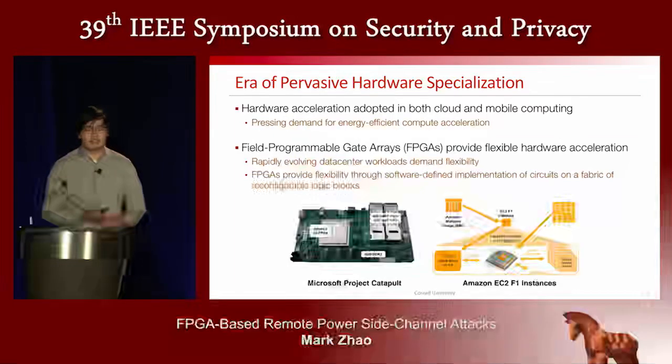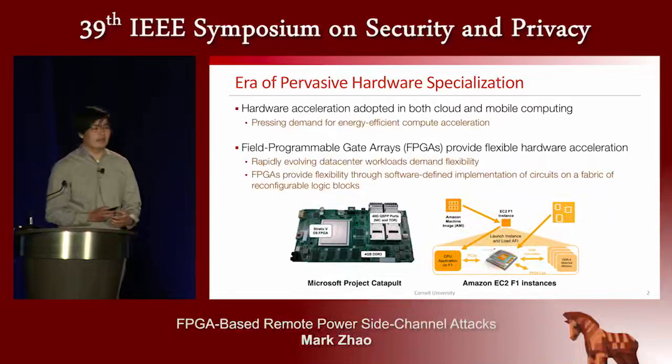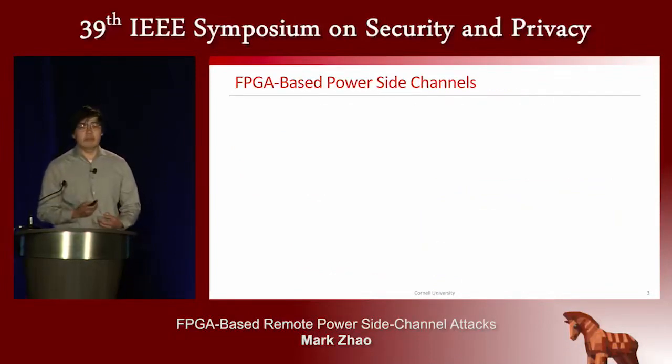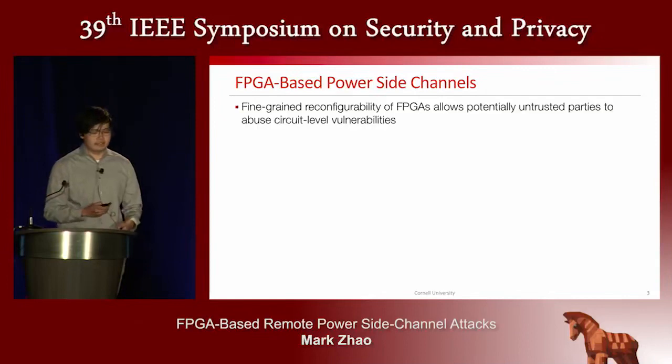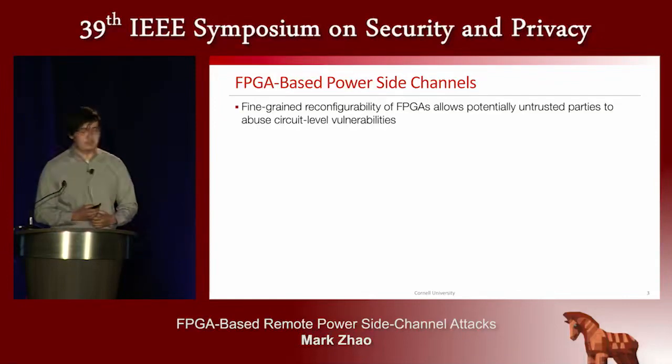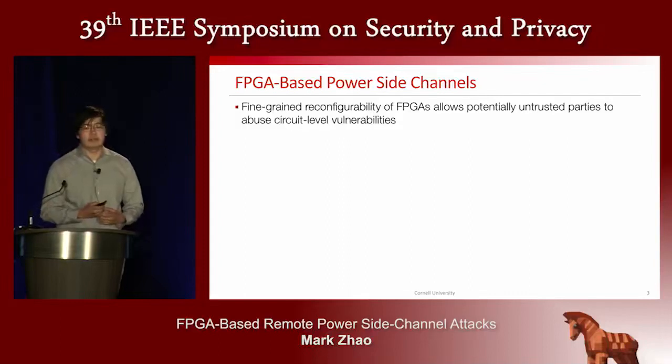And furthermore, there's been a lot of work that has proposed virtualizing or sharing FPGAs with multiple users. So the problem this poses is the fact that users have very fine-grained control over the FPGA hardware. And this may allow some users to abuse circuit-level vulnerabilities in an FPGA.